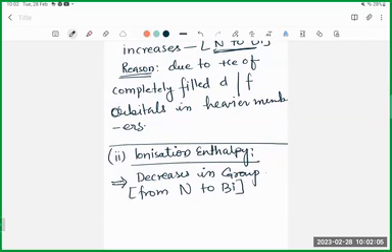So why do ionization enthalpies of group 15 decrease down the group? Again, for the same reason: the size increases, and it gets more stability and it is easy to release an electron from it.